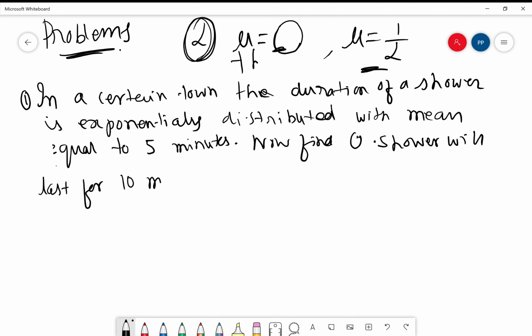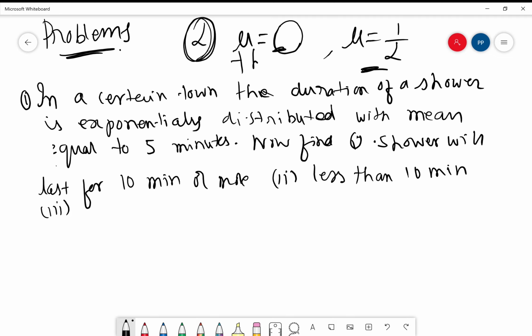The first case, 10 minutes or more. Second one, less than 10 minutes. And case 3, between 10 and 12 minutes.